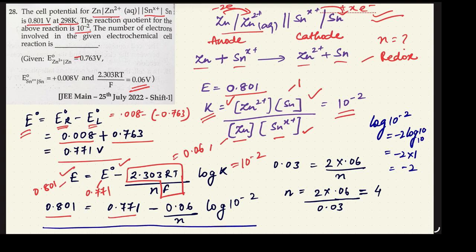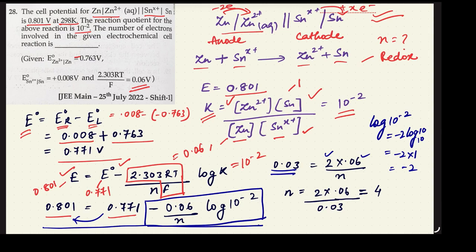Solving this equation, 0.771 coming to the left hand side, it will become 0.801 minus 0.771, which is equal to 0.03. Then log 10 to the power minus 2 is equal to minus 2, so it will become plus 2, that is 2 into 0.06 divided by n.